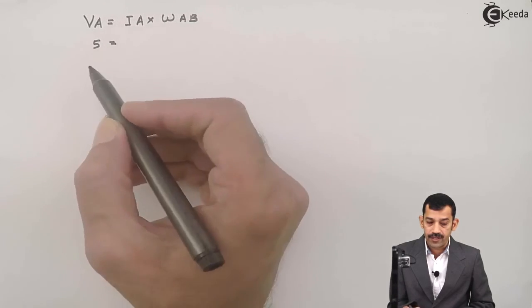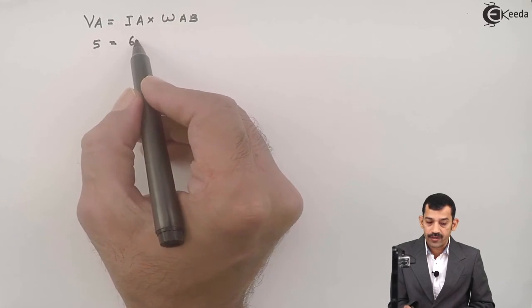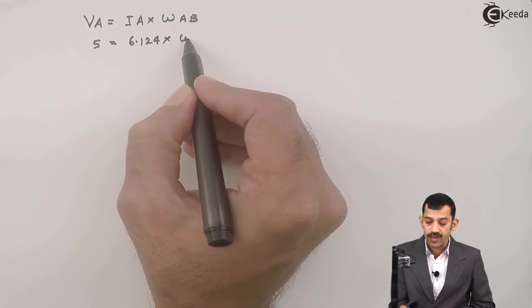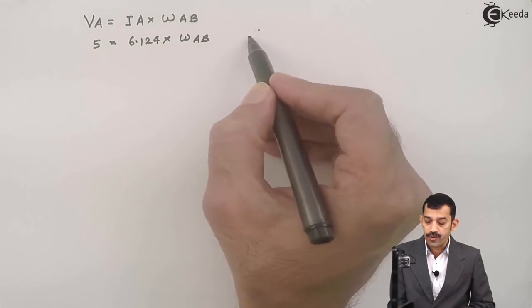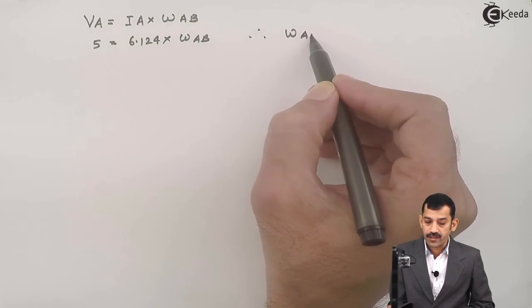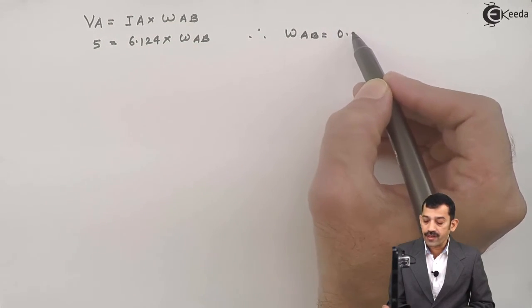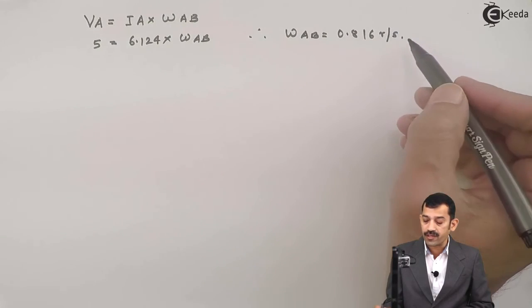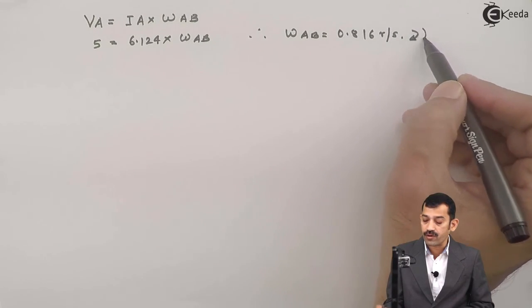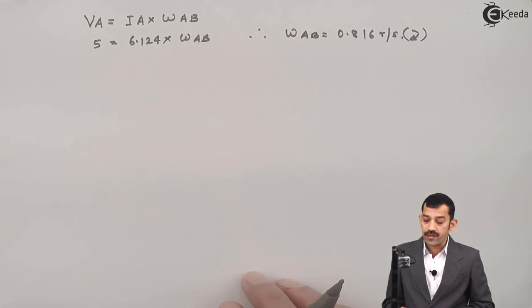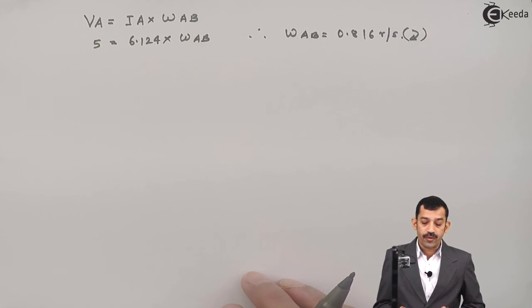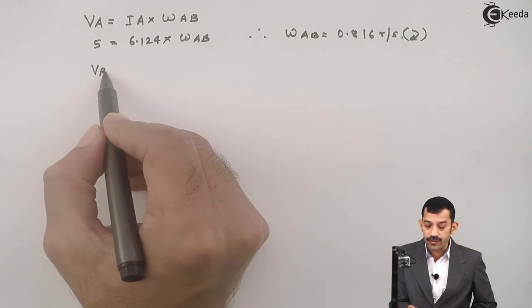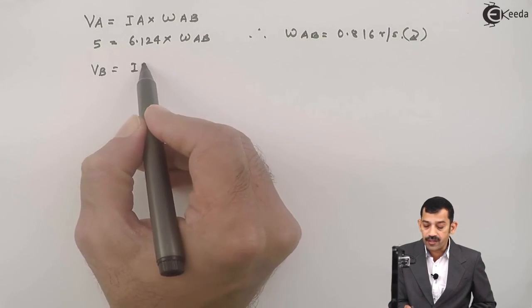IA you have calculated as 6.124 into omega AB. Therefore, omega of this bar is equal to 0.816 radians per second. Direction is clockwise.